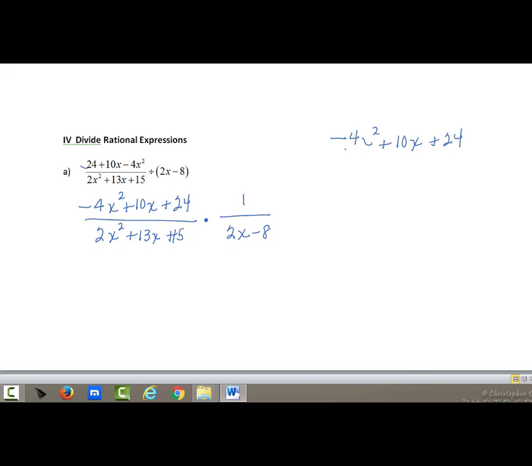And I'm not just going to take out a negative 1, I can take out a negative 2. Then I'm left with 2x squared minus 5x minus 12. And now I'll factor this using the bow tie method. So 2 and 1 and 12 and 1, or 2 and 1 and 4 and 3.